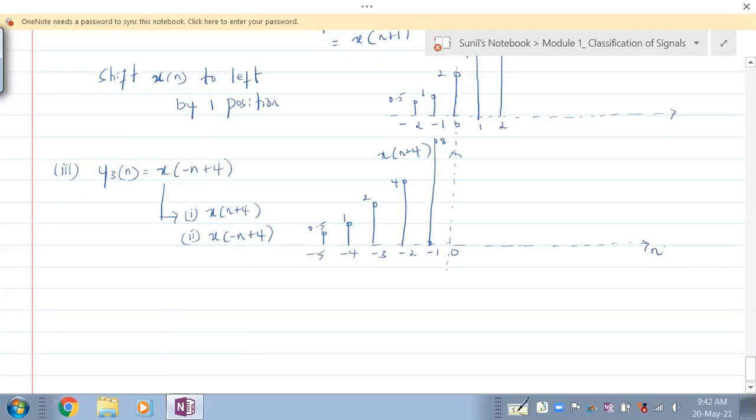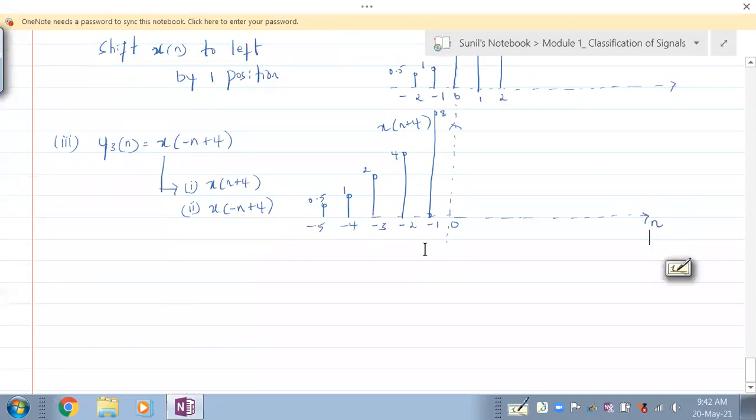Now we need to take the reflection of that. So how to take the reflection? Can you write the reflection, everybody? I need this line one position down.